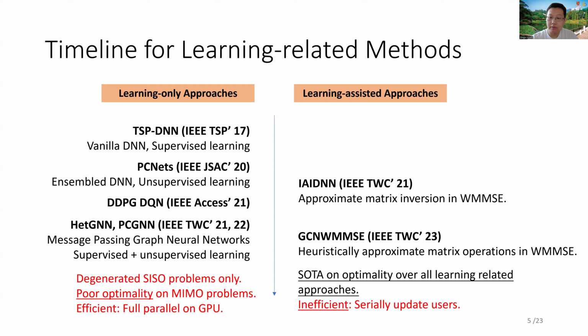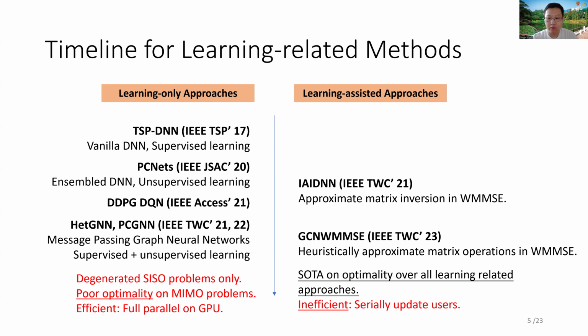However, learning-only methods can only solve degenerated cases. In our practice, they suffer poor optimality on MIMO problems. However, they are efficient with the acceleration of GPU. For learning-assisted approaches, two typical models are proposed by taking WMMSE as the backbone algorithm.